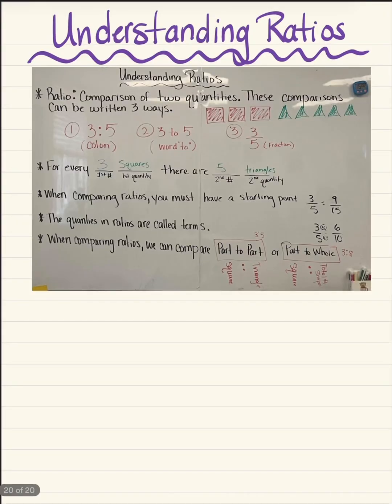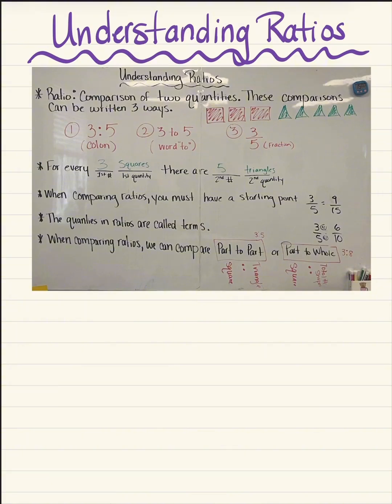Okay, so when we are dealing with the basics of understanding ratios, what you really need to make sure that you know is that a ratio is nothing more than comparing two different quantities. So these quantities can be compared three different ways. It can be written with a colon, it can be written with the word to, and it can be written as a fraction.